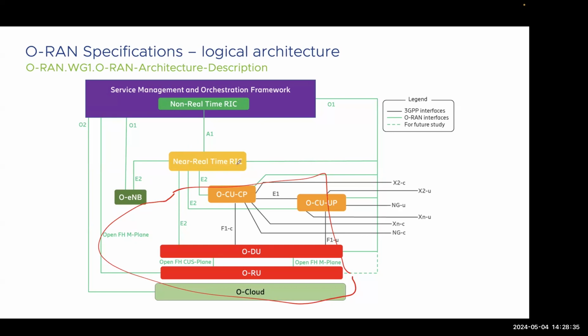And RAN intelligent controller, the whole idea is, think of it as a platform that interacts with the radio functions, the CU and the DU, via defined interfaces of the E2 and the O1 to get certain information, configuration management, a simple and call trace, performance data, like cell counters, alarms.